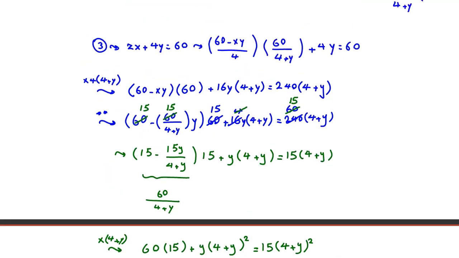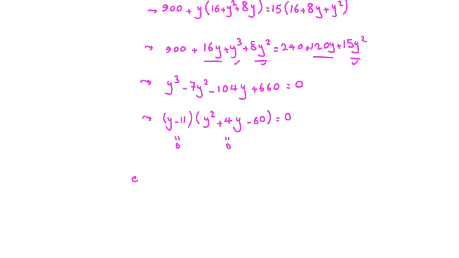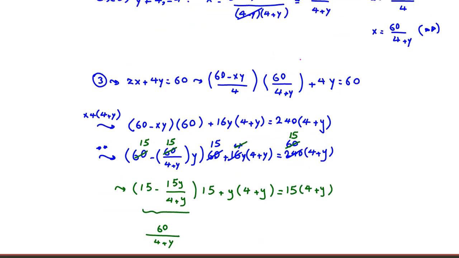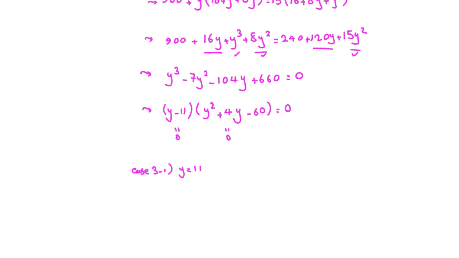If the first one is 0, let's check, for example, it was case 3, case 3-1. y equals 11. And x was what here? x was 60 over (4 plus y), 60 over 15, which is 4.